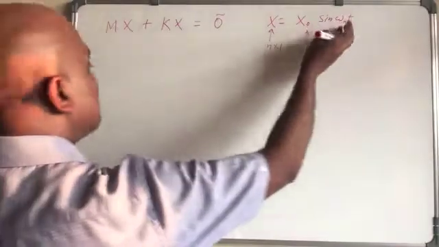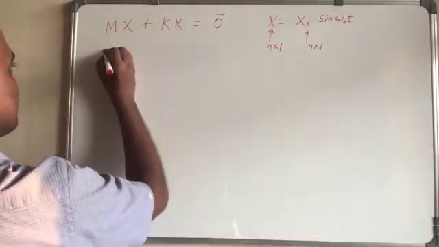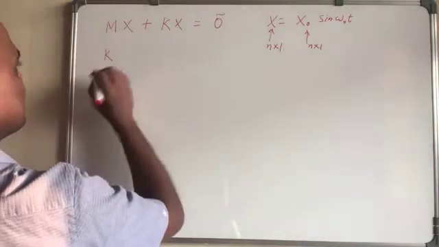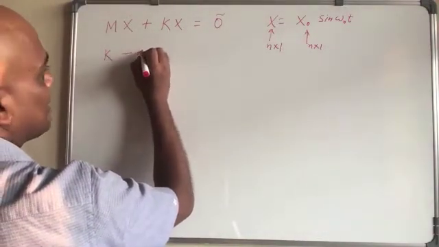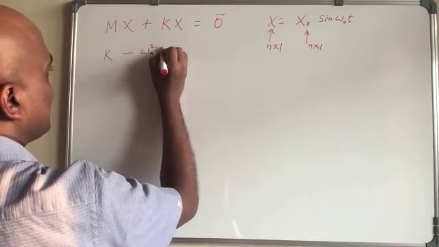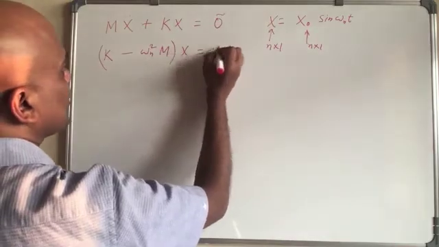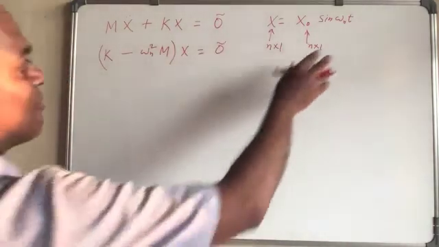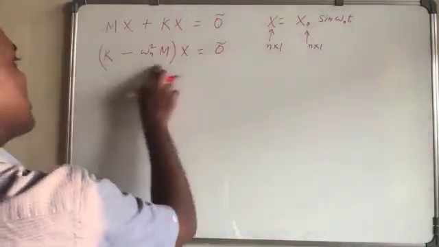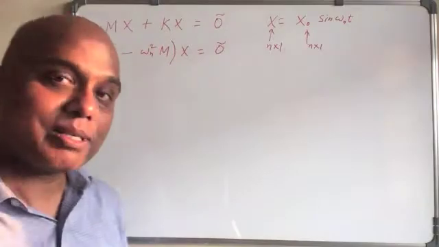So if we put it here, this will be k minus omega n square m, and x equal to 0. If you put this solution here, this is how it will be. This we have seen for a 2 degree of freedom system as well.